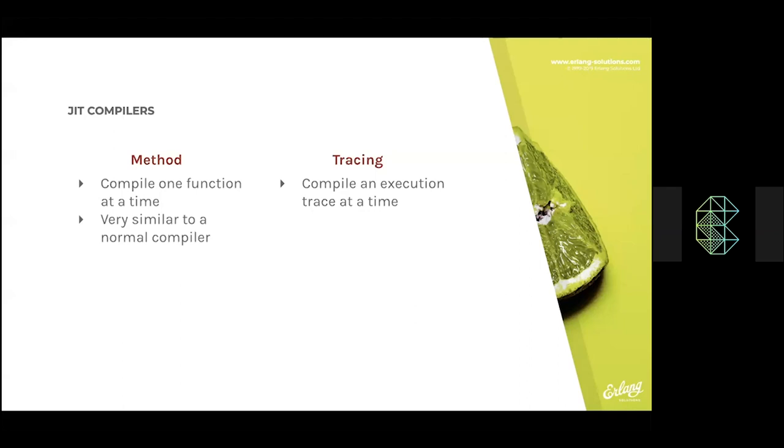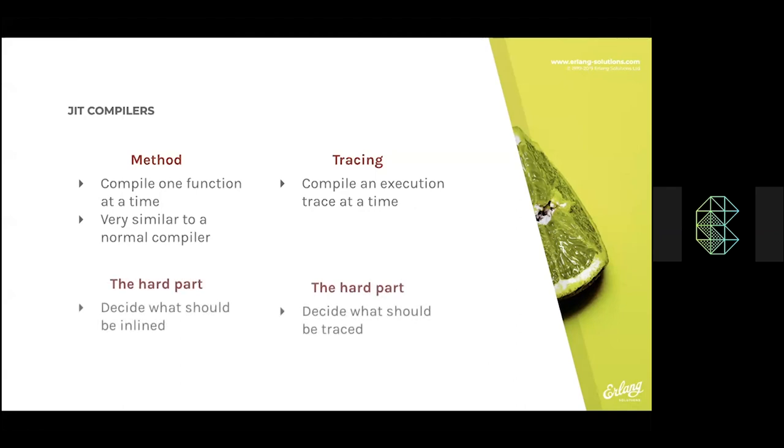But you need to do it a lot faster, because you're doing this at runtime instead of doing it offline when you have almost all the time in the world. The hard parts, as I see them, between the trade-offs between these things are that in the method-based compiler, the hard part is figuring out what type of inlining decisions you should be making.